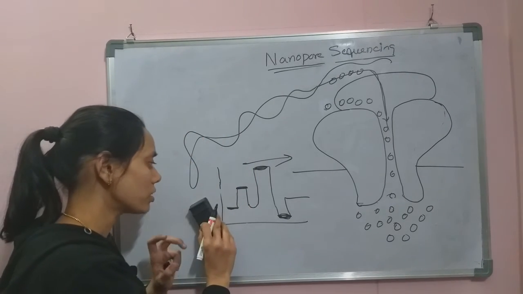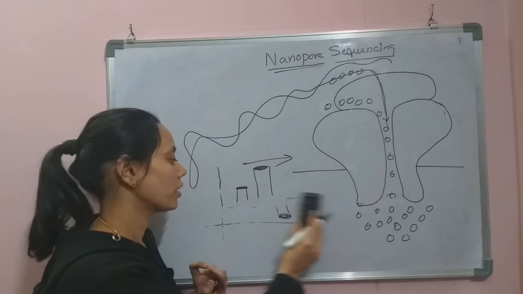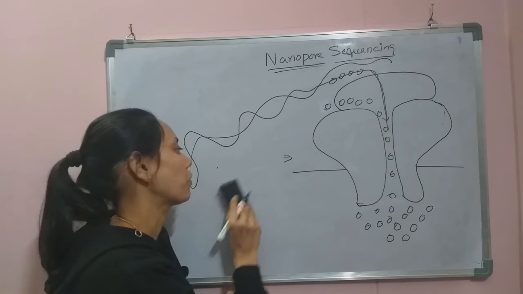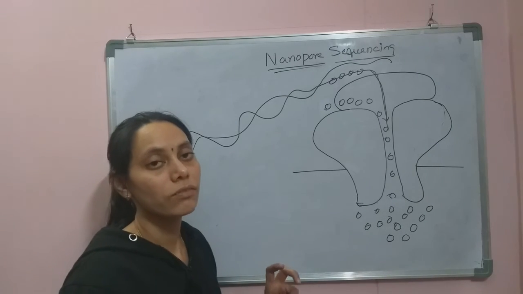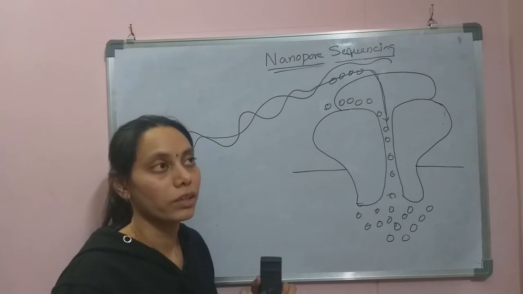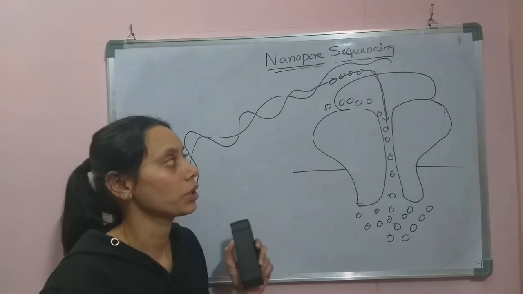This type of graph will be generated and used to read the sequence of nucleotides present on the DNA. That is how nanopore DNA sequencing will measure or detect the order of nucleotides present on the DNA molecule.